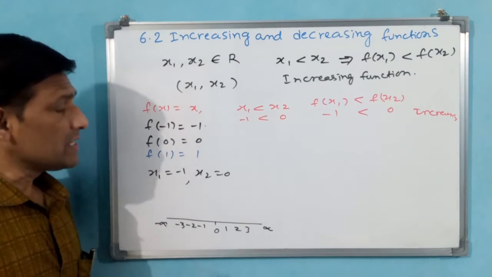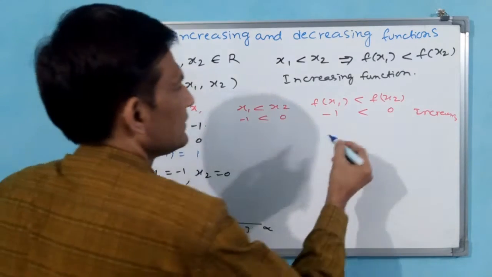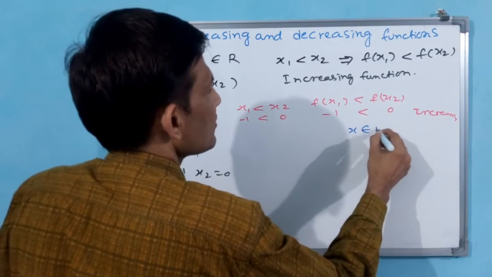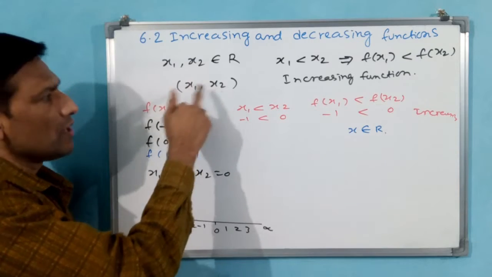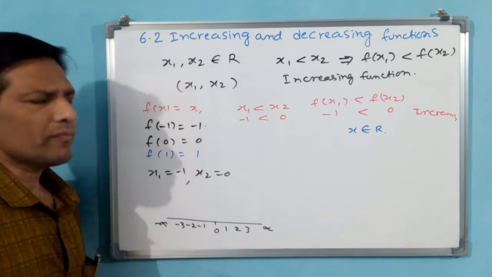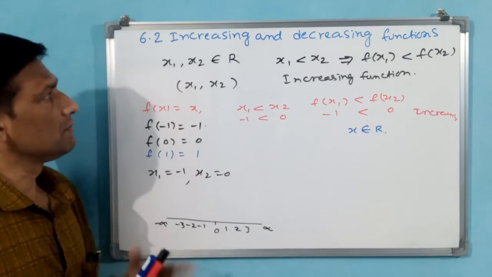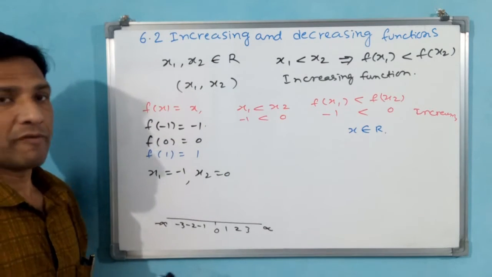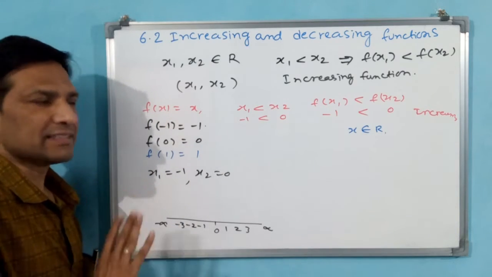Okay, but here you see this function is applicable for all real numbers. X belongs to R, like you can write here, but here for x1, x2 some conditions are there. Why? Because here we don't know the function, but here we know the function f of x is equal to x, that's all.